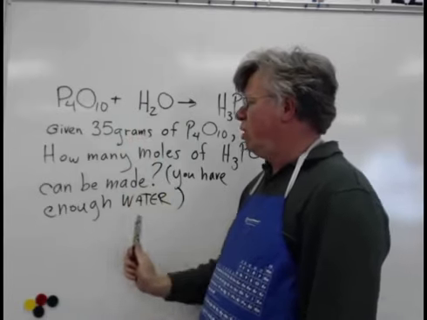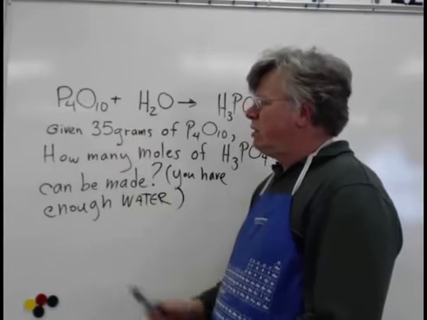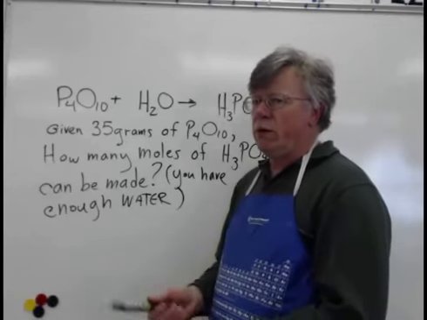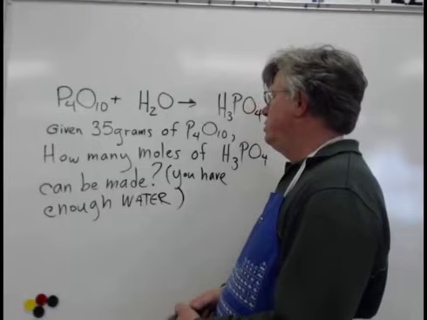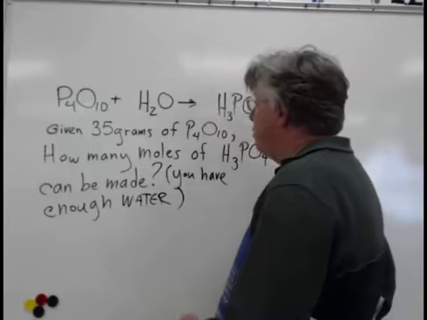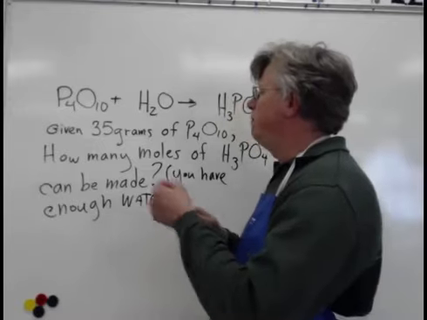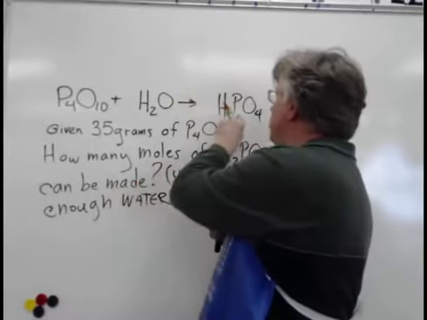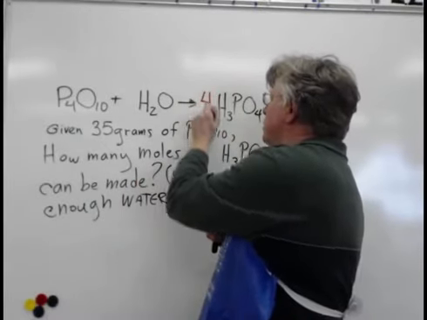Okay, so to solve this, first of all, you always have to make sure you're working with a balanced chemical equation, which in this case I am not. So I'm going to balance it first. I'll put the balancing numbers in red. I notice I have 4 phosphoruses on one side and 1 here, so I'll start by putting a 4 there.